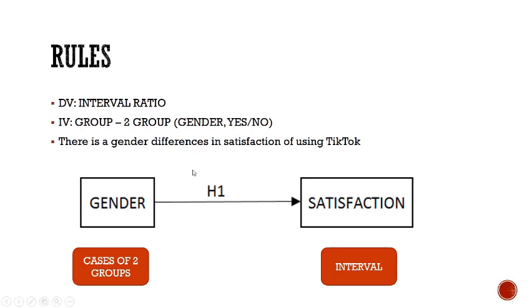Normally hypothesis one will be: there is a gender difference in satisfaction of using TikTok. So you would like to see whether there is a difference by gender. You must make sure that gender only has two categories, two groups. So this is two groups and this is interval.